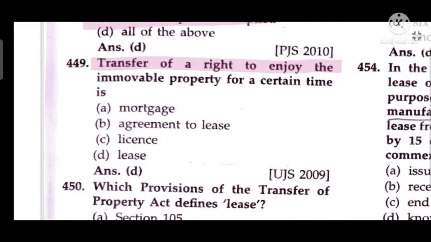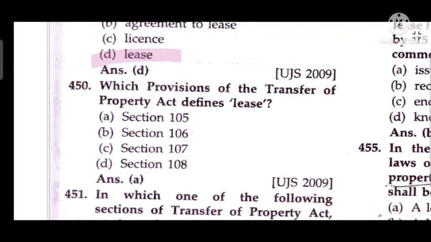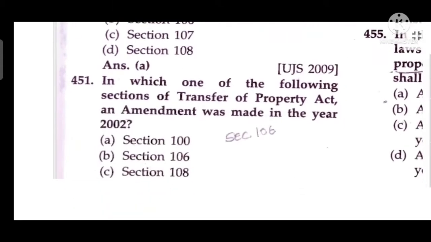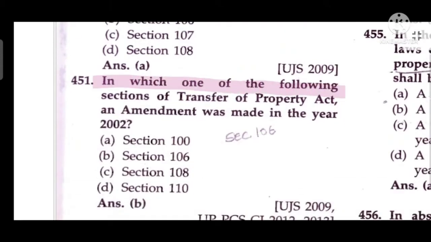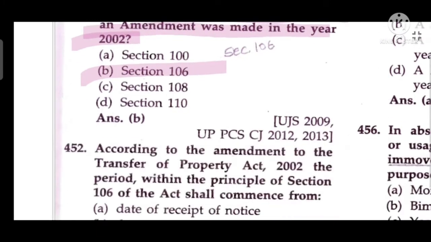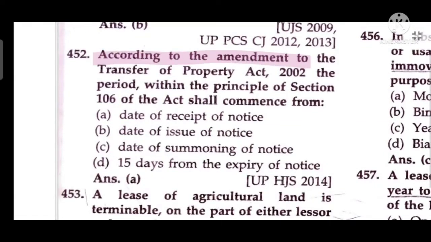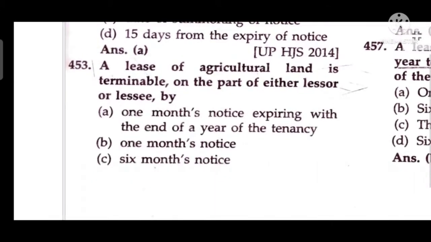Transfer of a right to enjoy immovable property for a certain time is a lease. Which provision of the Transfer of Property Act defines lease? Section 105. In which section of the Transfer of Property Act was an amendment made in the year 2002? Section 106. According to the 2002 amendment, the period mentioned in Section 106 of the Act shall commence from the date of receipt of notice.